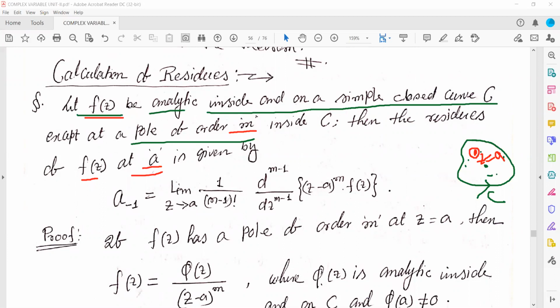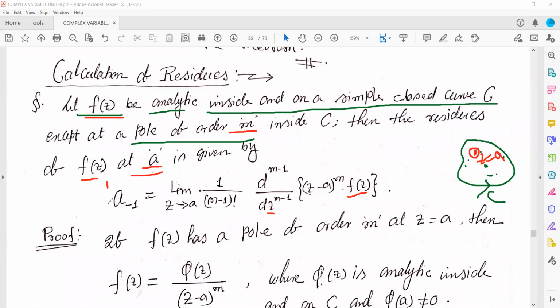The definition is 1 upon (m minus 1) factorial into the (m minus 1)th derivative with respect to z of (z minus a) to the power m into f(z).